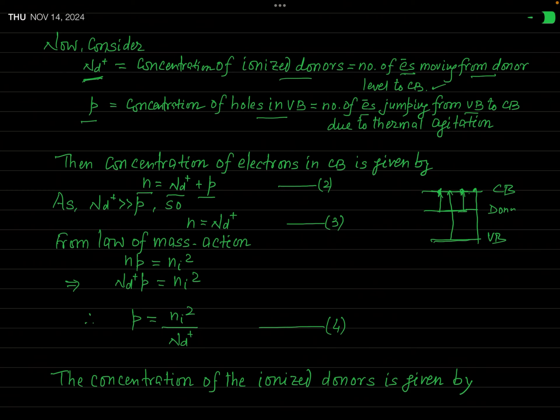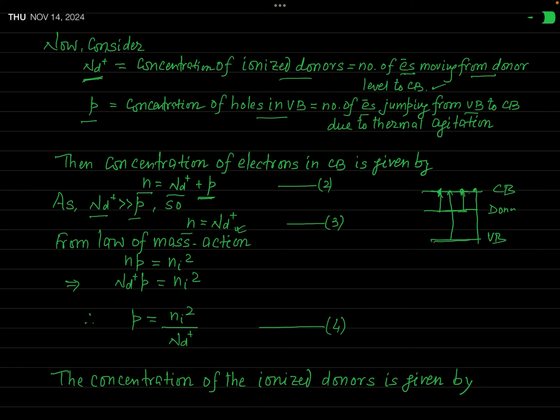So in actual practice, Nd+ is much greater than P. And if Nd+ is much greater than P, you can neglect P in this equation, and so, neglecting P in comparison to Nd+, we can say that N is almost equal to Nd+. So almost the concentration of electrons in the conduction band is equal to the concentration of ionized donor atoms.